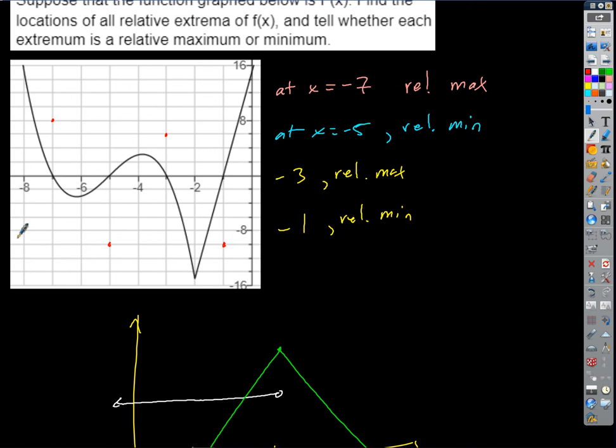So all this thing is doing, it just looks kind of like this. Just essentially looks like that.